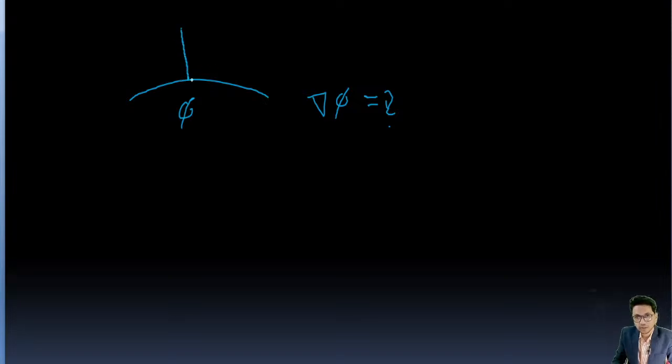Perpendicular makes a 90 degree angle with this. Perpendicular to the level surface, that is gradient of phi. So this is the physical meaning. If we have been given any level surface, the perpendicular to the level surface is called gradient of phi. Okay, so this is the physical meaning.